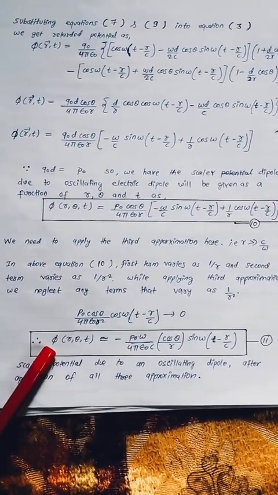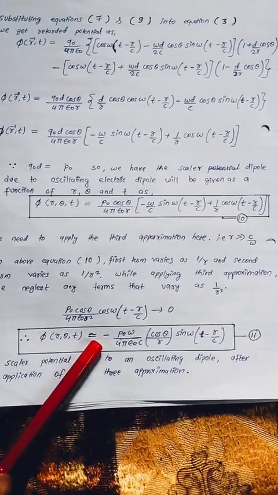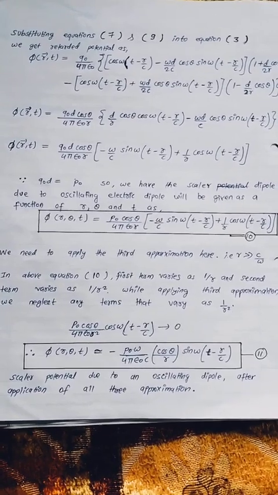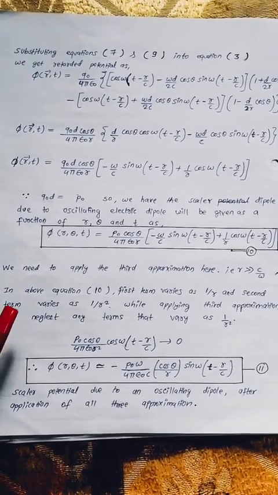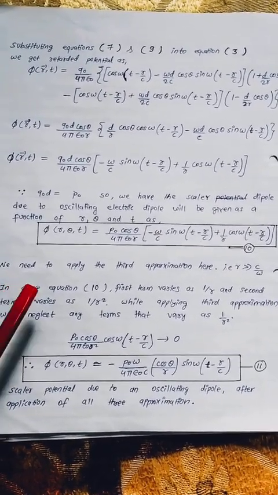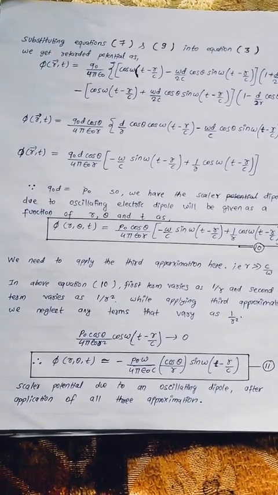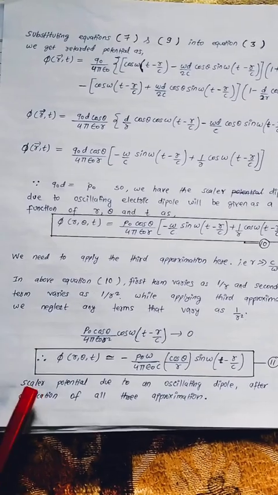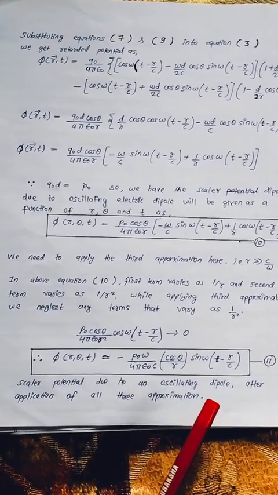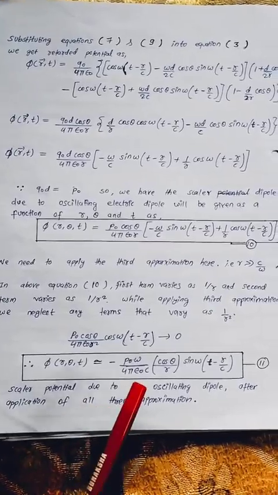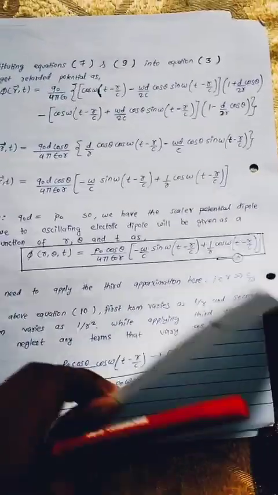Therefore, scalar potential equals minus p naught omega by 4 pi epsilon naught c, cos theta by r, sin of omega t minus r by c. This is the scalar potential due to the oscillating dipole after applying all three approximations.